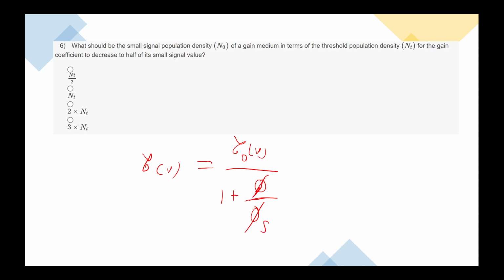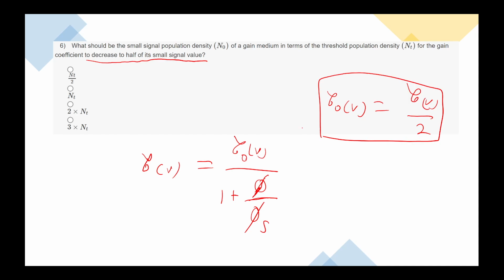That is the relation. Now here, what is given is that the gain coefficient decreases to half of its small signal value. It means that gamma should be half. Gamma will be equal to half.